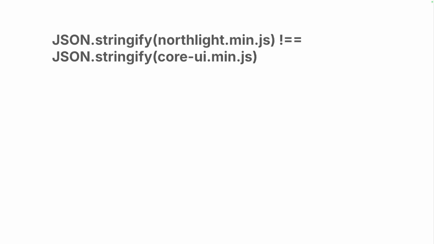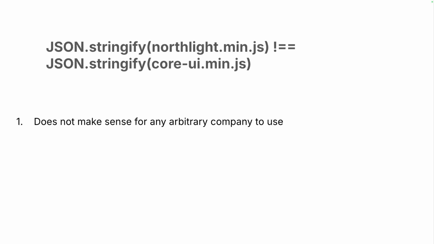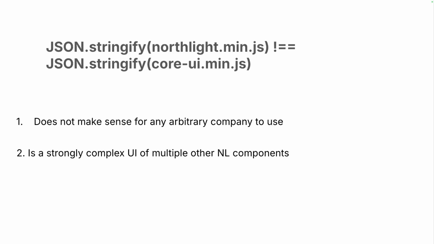So that's probably the first question I want to bring up. When do we put something in core UI, and when do we put something in Northlight? Well, if it does not make sense for any arbitrary company to use, it does not go into Northlight. It has to be very arbitrary and generic. And if it is a strongly complex UI that composes multiple other UI components, it does also not go into Northlight.